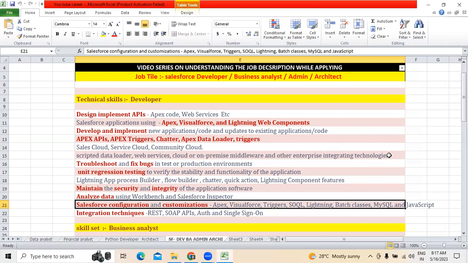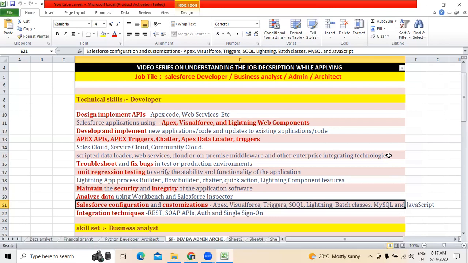So that sort of understanding is required, not just simply putting everything related to Salesforce in the CV and going for an interview, getting negative results because you're unable to answer, right? These are things I have seen with many people, based on my experience.